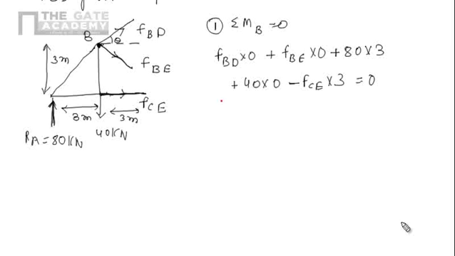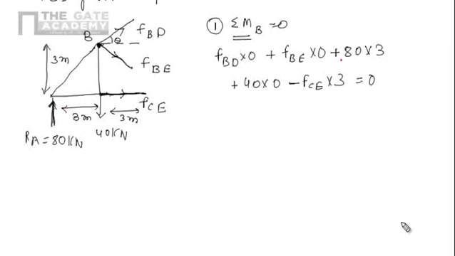I would like to repeat again. I am taking the algebraic summation of moments of all the force about B should be 0 is our equilibrium equation. So at B, FBD and FBE is passing through the point B. It means perpendicular distance is 0. So I am writing 0 here, 0 here. The moment will be 0. Due to 80 kilonewton, here it will be 80 and perpendicular distance is 3.